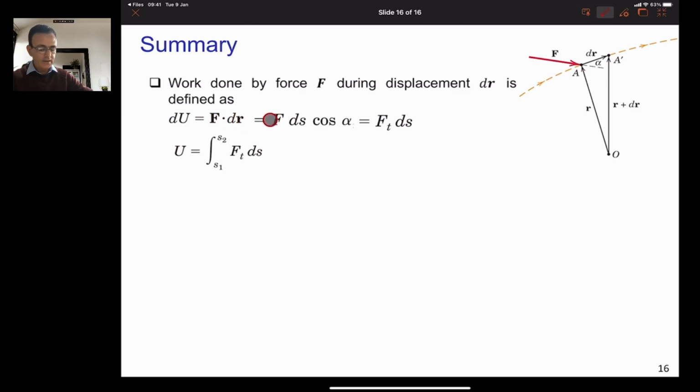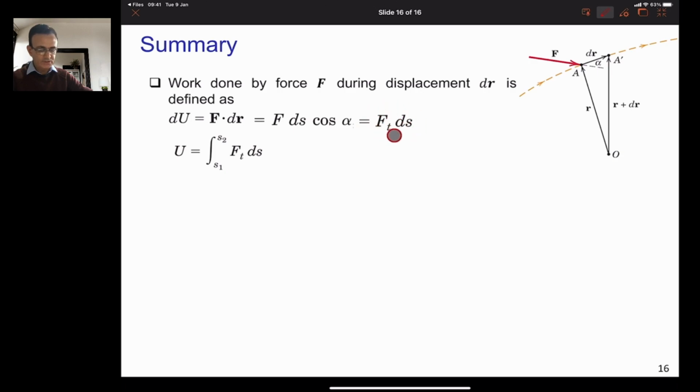And then we can write this F dot dr as F ds cos alpha, where F is the magnitude of F, ds is the magnitude of dr, and alpha is the angle between F and dr. And we can write F cos alpha as Ft, which is the tangential force, times ds.